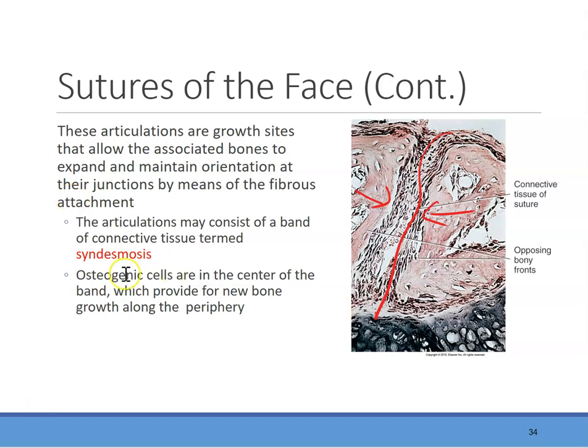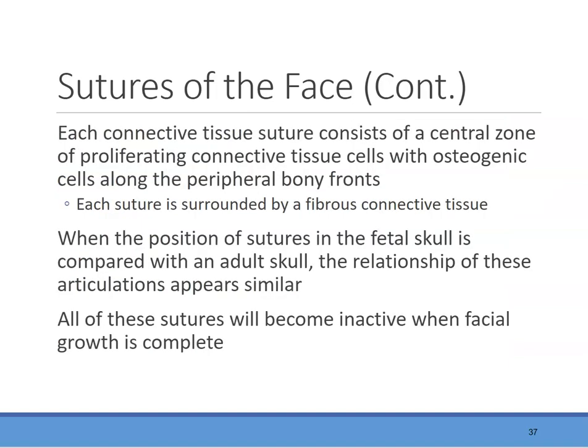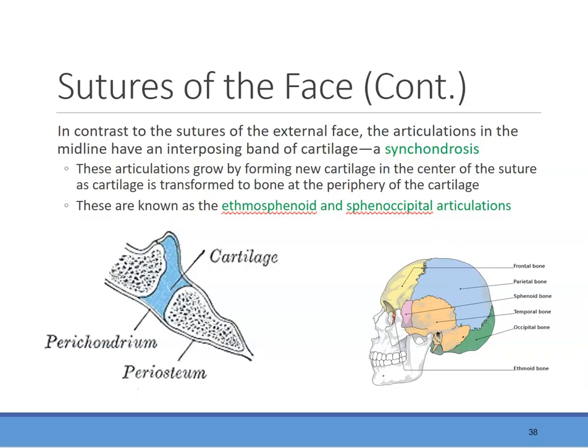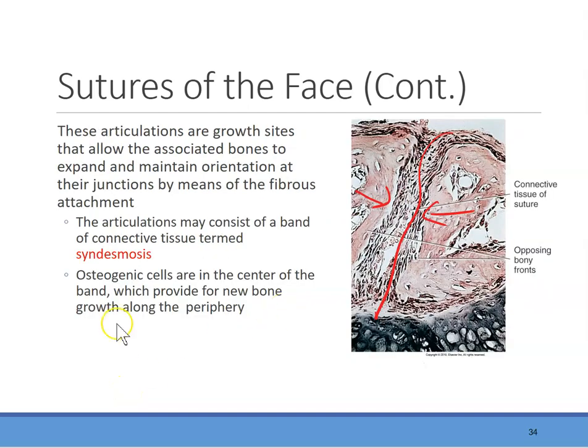I'm trying to think of a way that you can remember syndesmosis versus synchondrosis. Synchondrosis has an R for cartilage, so this is where cartilage is formed in between the bone. And when we look at syndesmosis, it has an M, and if you look at connective tissue, there are two N's, right?